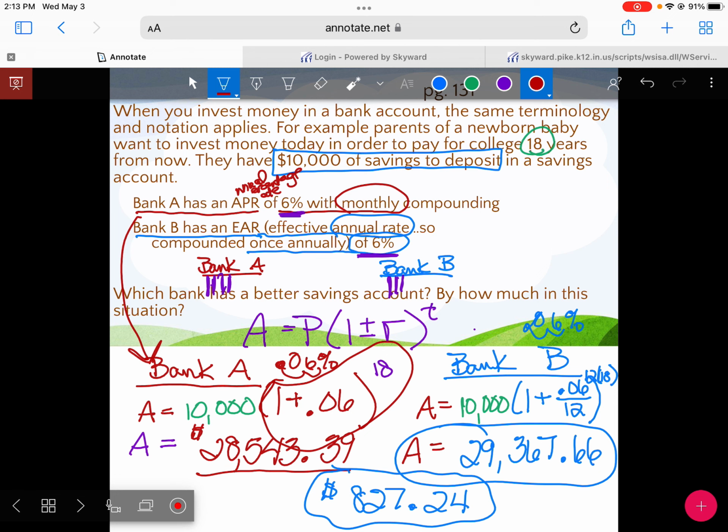Do you see that? So I switched them, but since everything was the same, as long as I was consistent, Bank A, we did yearly compounding. Okay, that makes sense. And Bank B, we did the monthly compounding.